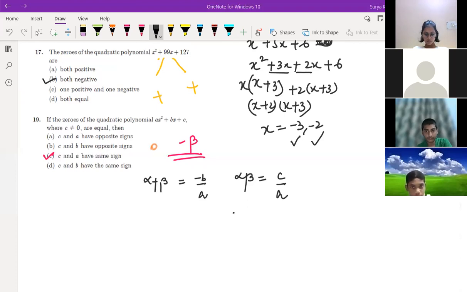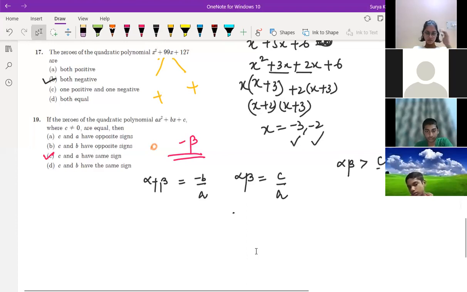That is, either both are positive or both are negative. Both are positive or both are negative? Sir, then there is some case. If both are positive, then alpha beta should be greater than C by A, right?